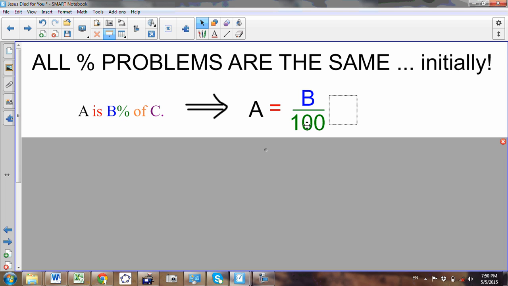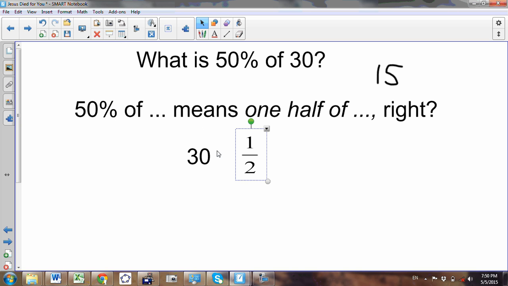So how do I deal with that in B percent of C? Some percent of some number. Well, 50% of, half of. 1/2 of 30 is 15. How do you get 1/2 and 30 to work together to make 15?